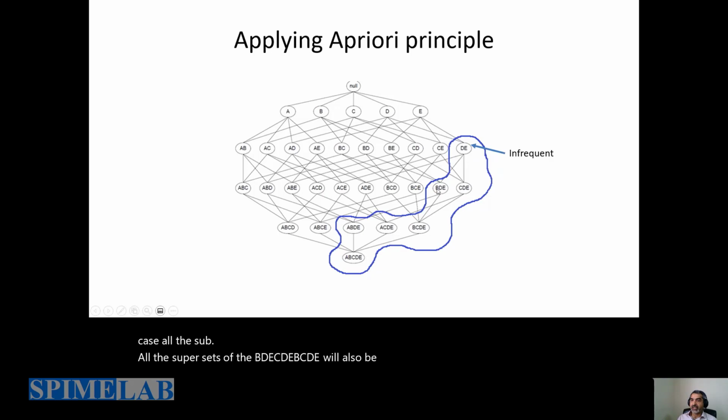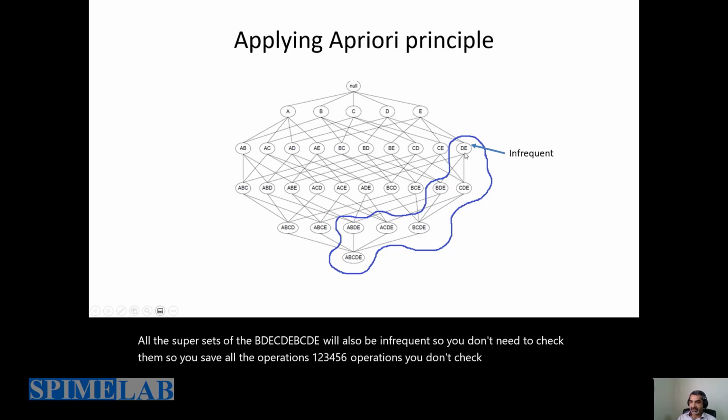So you save all those operations, 1, 2, 3, 4, 5, 6 operations. You don't check them because their subset is infrequent. Supersets of DE will be uninteresting, and you don't need to check them based on the a priori principle.